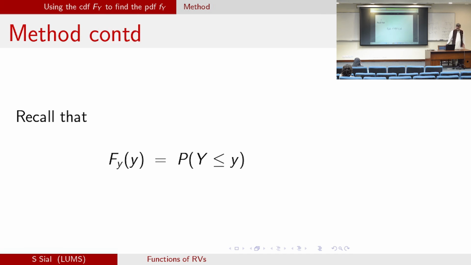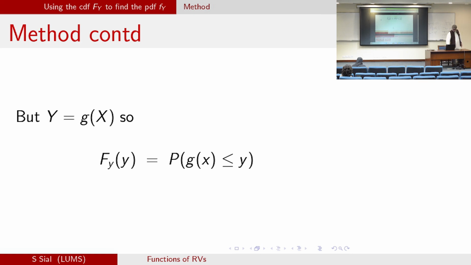Okay, and you have to keep in mind, what do you mean by the CDF? By the CDF for y, I mean the CDF evaluated at y is the probability that the random variable y takes a value less than or equal to y, or takes a value from minus infinity to y. Okay.